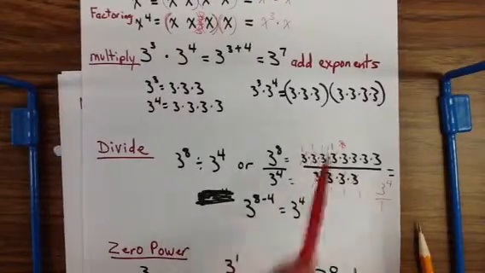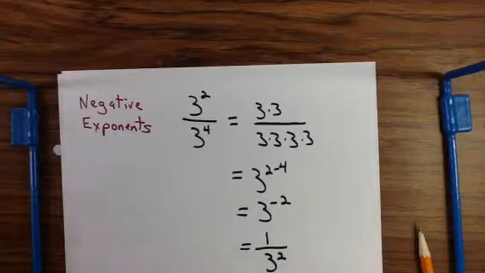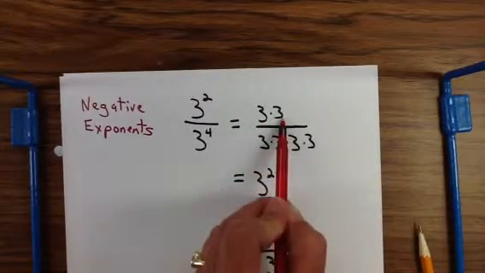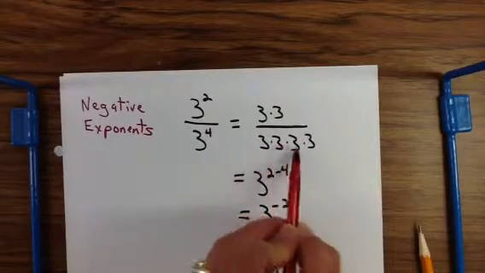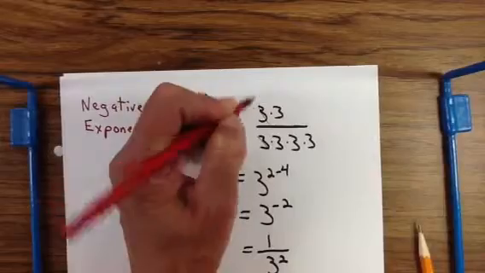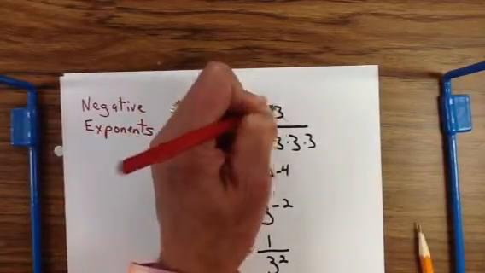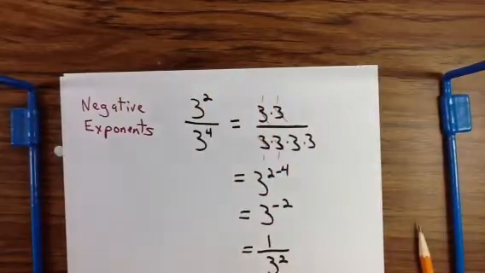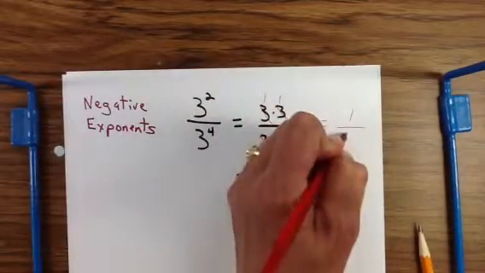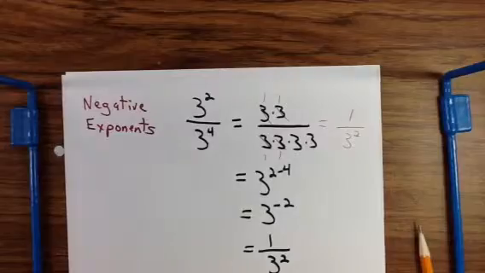So let's keep that in mind. Now, this would be 3 times 3 divided by 3 times 3 times 3 times 3. We can show the canceling. 3 divided by 3 becomes 1, 3 divided by 3 becomes 1, so that equals 1 over 3 squared.